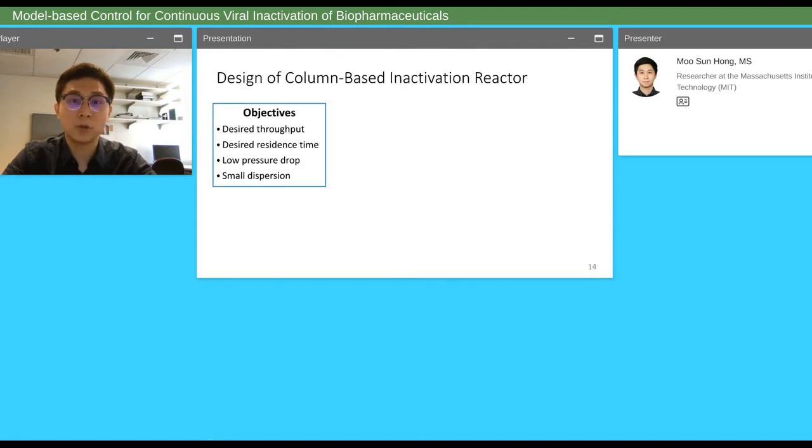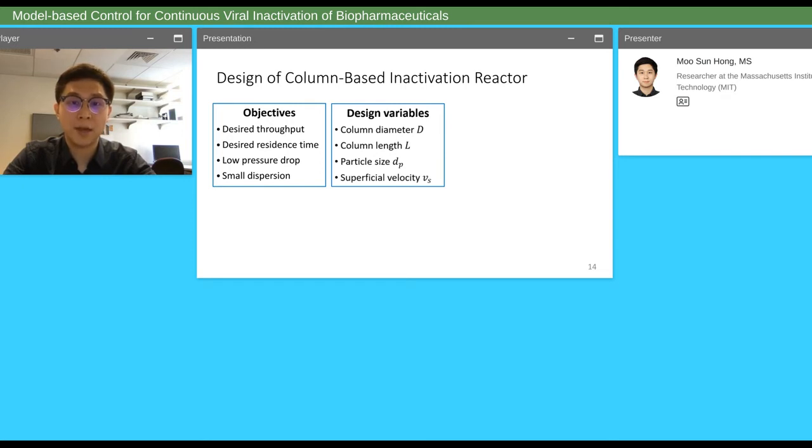Now let's move on to the low pH hold. Column-based inactivation reactors have to be designed to simultaneously balance two competing effects of desired throughput and residence time distribution: low pressure drop and small dispersion. The design variables that we have for these objectives are column diameter and length, particle size, and superficial velocity.